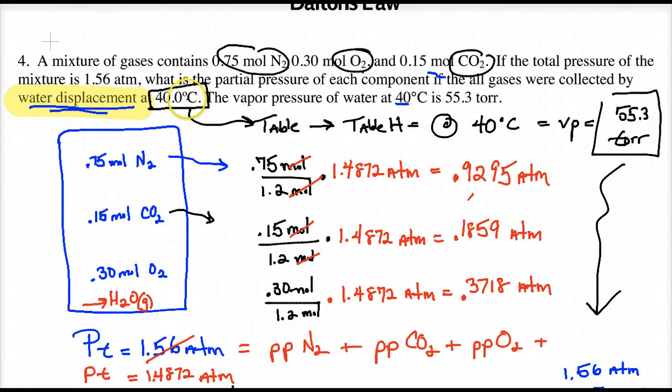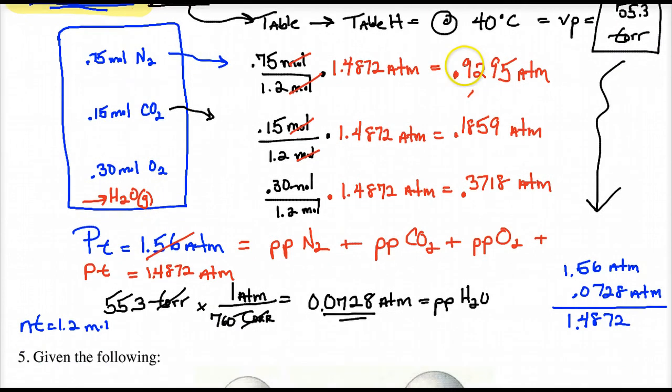So actually it's 40.0 anyway. So it looks like 2 is the least significant number. So this becomes 0.93 atm for the nitrogen. This becomes 0.19 atm for the CO2, and this becomes 0.37 atm.